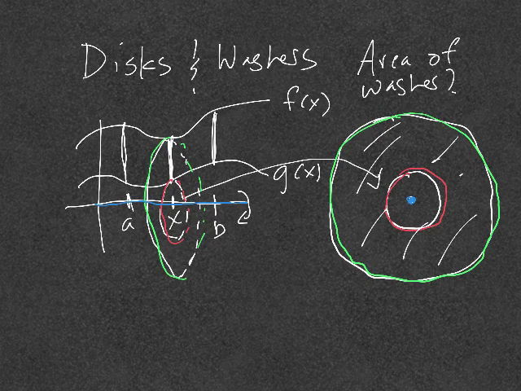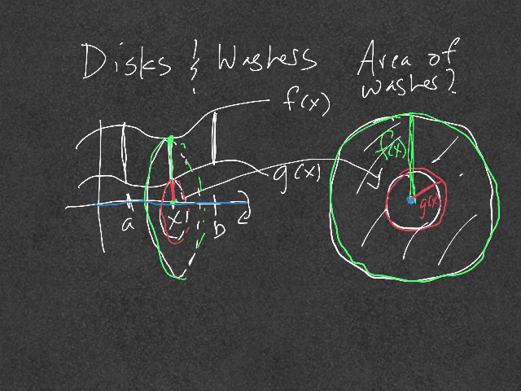And so this big circle is going from the x-axis to the top of the function f of x. And so think about that big radius right there. If it's going from the x-axis up to y equals f of x, the length of that is exactly f of x. For the smaller circle, it's going from the x-axis just to g of x.